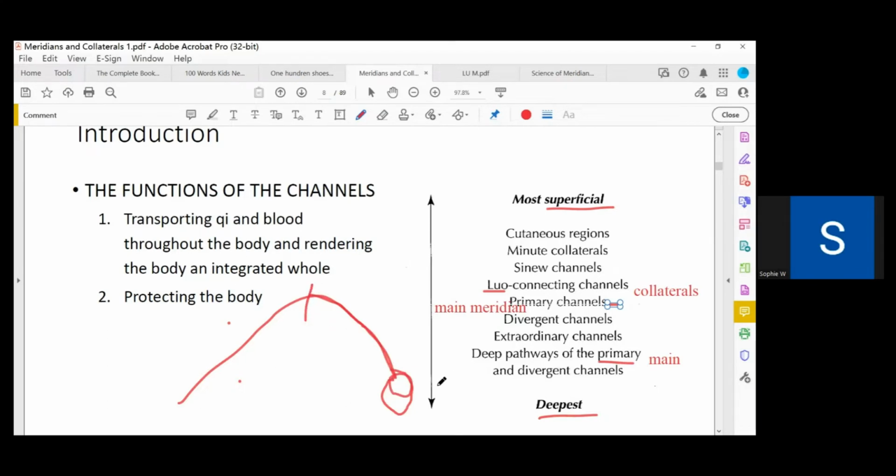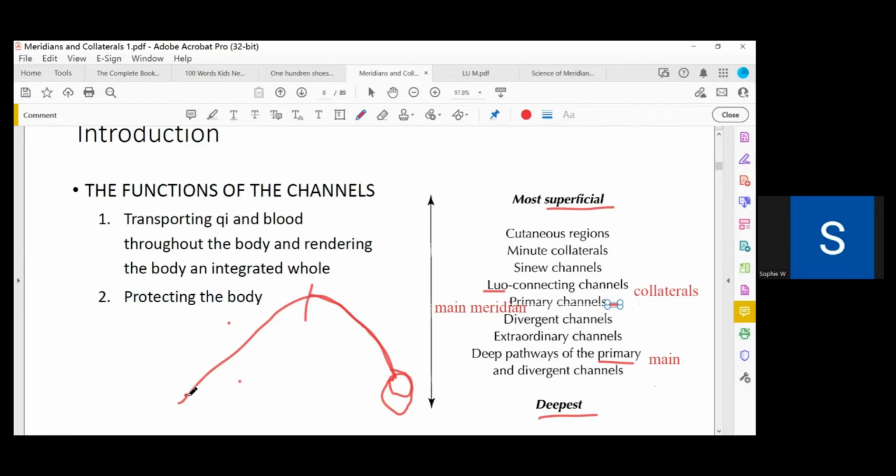This part goes deeper, so we call this one the deep pathway. And this part is relatively more superficial, right?